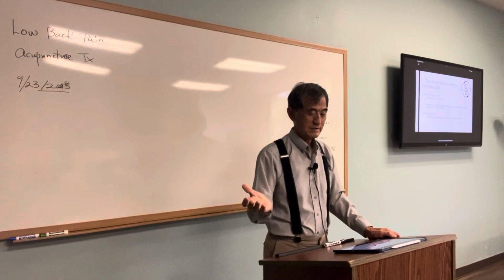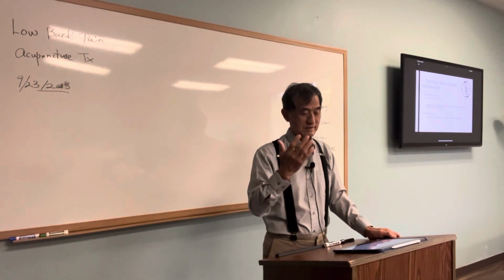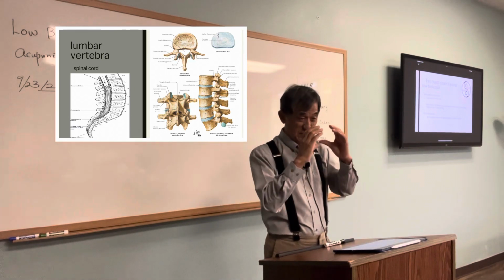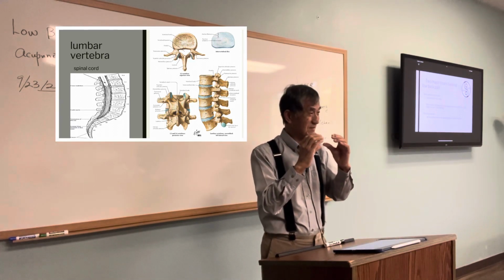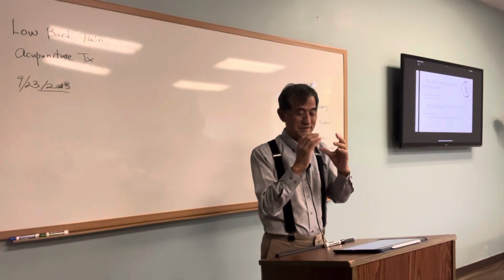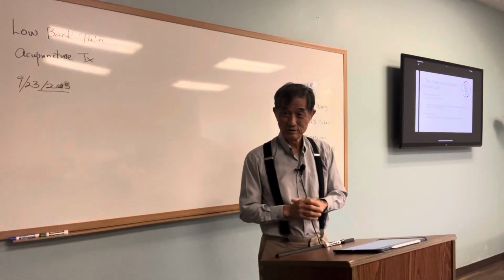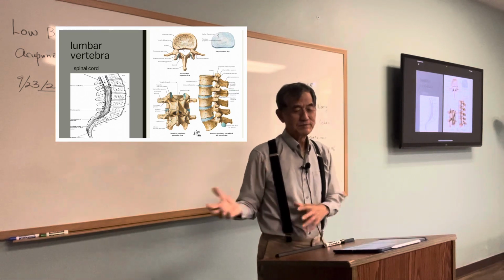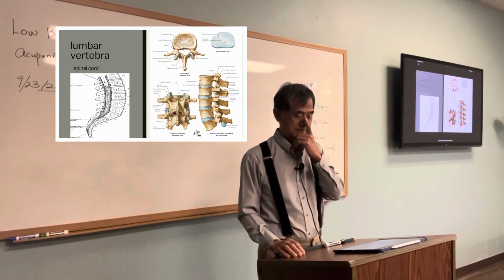So for instance, the spine curvature is not proper, or the discs are narrowing, or the disc herniation. These are structural issues. And the reason I spend so much time is that these are all pertinent to what we are talking about, okay?